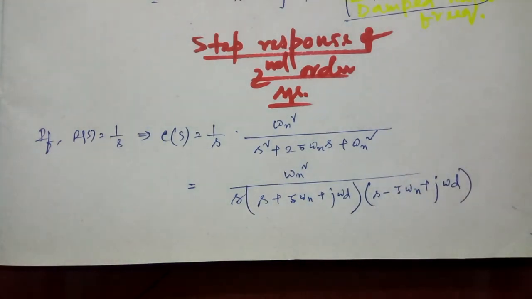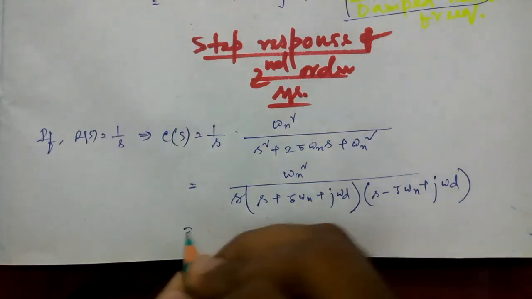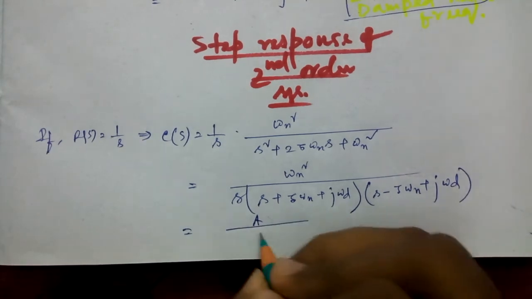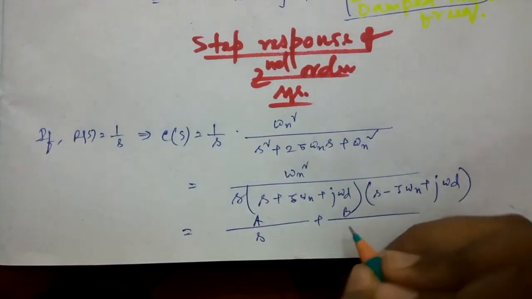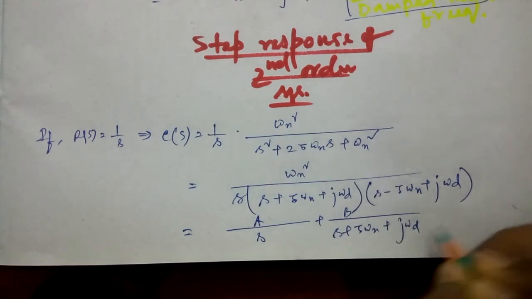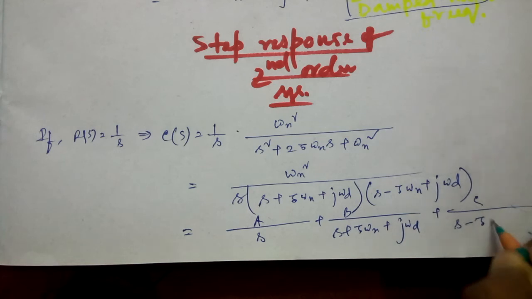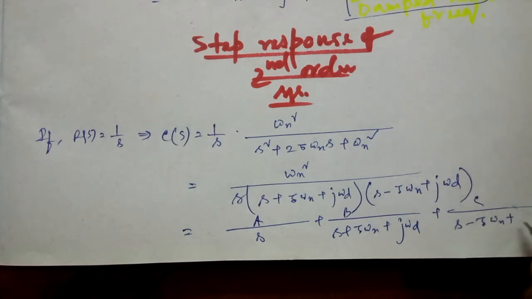Now we can apply the partial fraction and then we can find the C(s), and from that if we find out the inverse Laplace transformation, we will find the C(t), which is the step response. So you can write it as A by s plus B by s plus zeta omega n plus j omega d plus C by s plus zeta omega n minus j omega d.